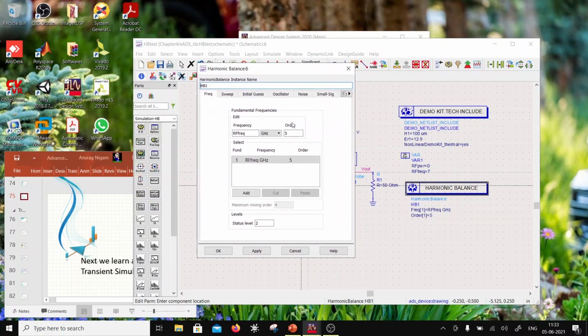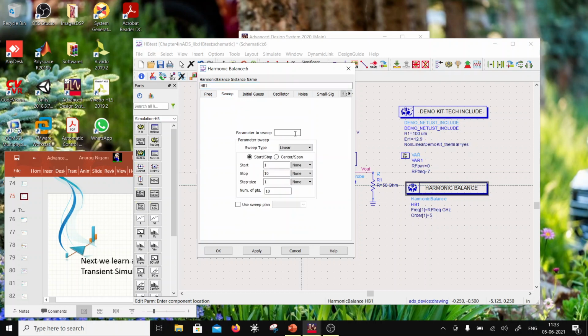So I just want to tell you, this is the order for the signal, and this is the mixing order, right? Okay, so the mixing order is 4 here. Okay, fine. So here I can sweep RF power, and I can sweep from -20 to, let's say, +8 or something.